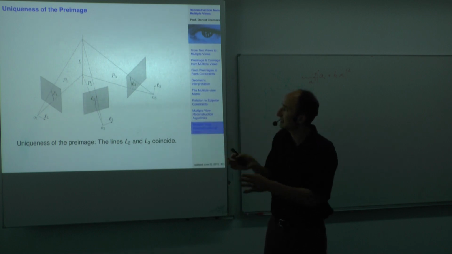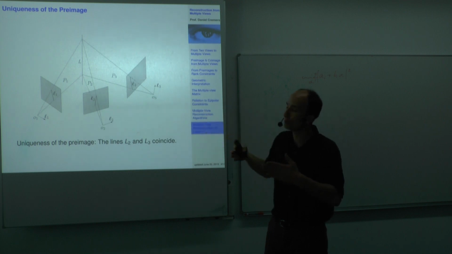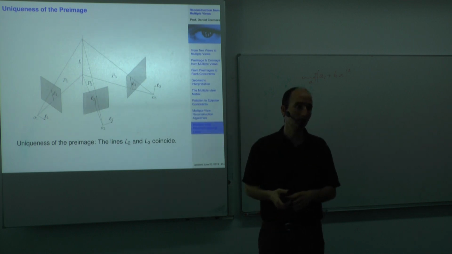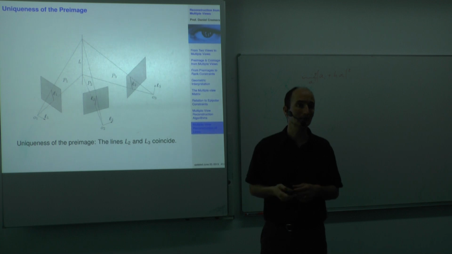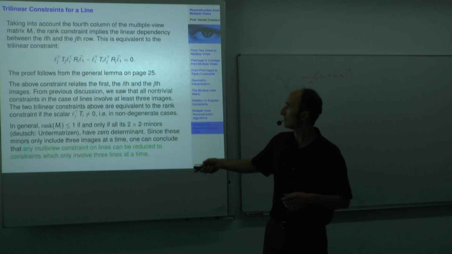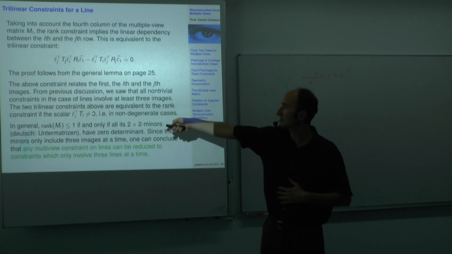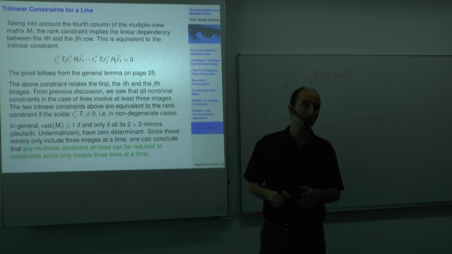So you're not going to get an additional plane P2 that you can intersect with P1. And so you don't get additional information. And this is why that constraint Li transpose Ti non-zero is important to get meaningful reconstructions of lines.